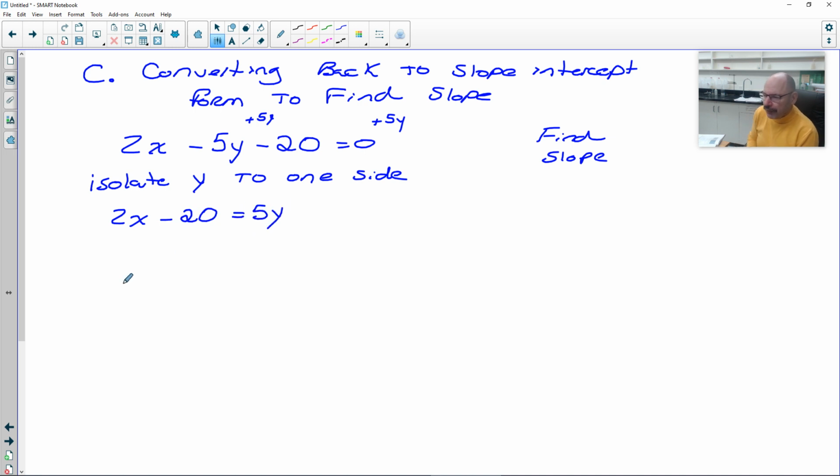Okay, and then I have to just divide by 5. Okay, so now I've got 2 over 5x. So there's our slope. Here's our y-intercept, minus 20 divided by 5.